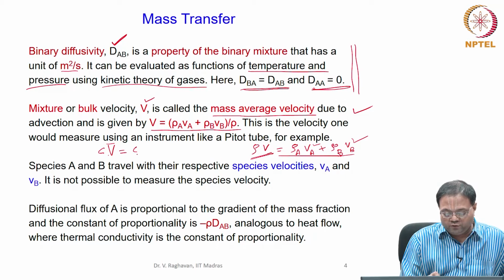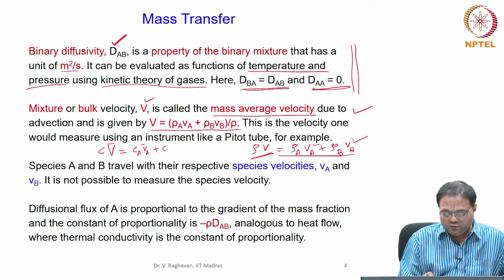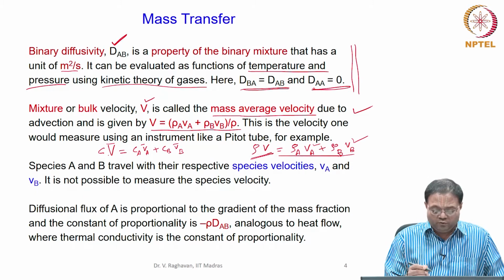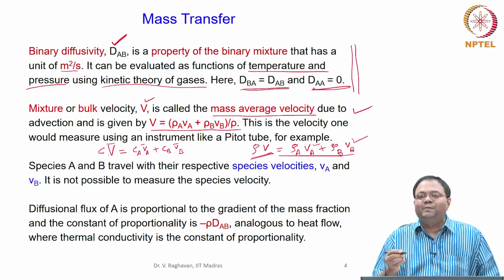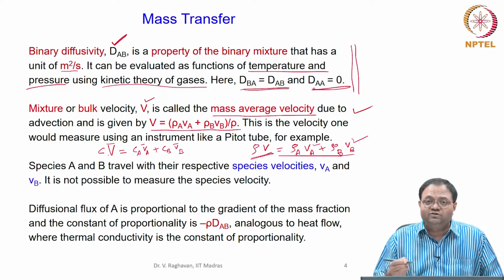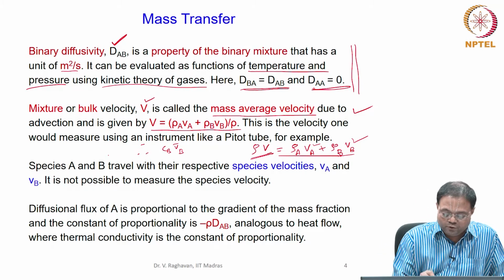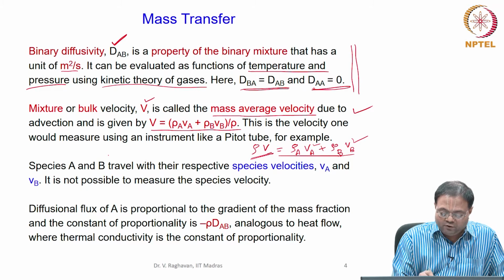This will be equal to concentration of A into species velocity of A plus concentration of B into species velocity of B. This is the concentration based conservation which we can write. It is general practice to write the conservation in terms of mass, so we need not consider this. This is the mass average velocity.